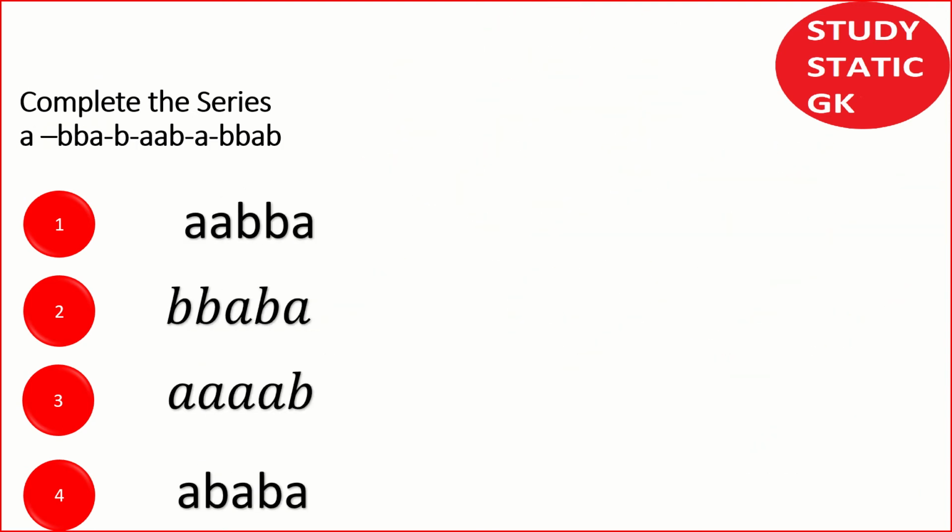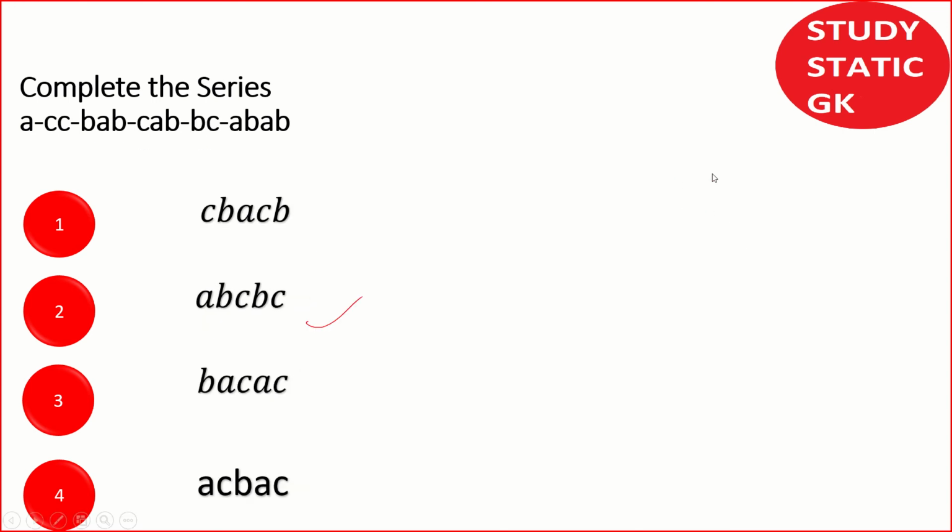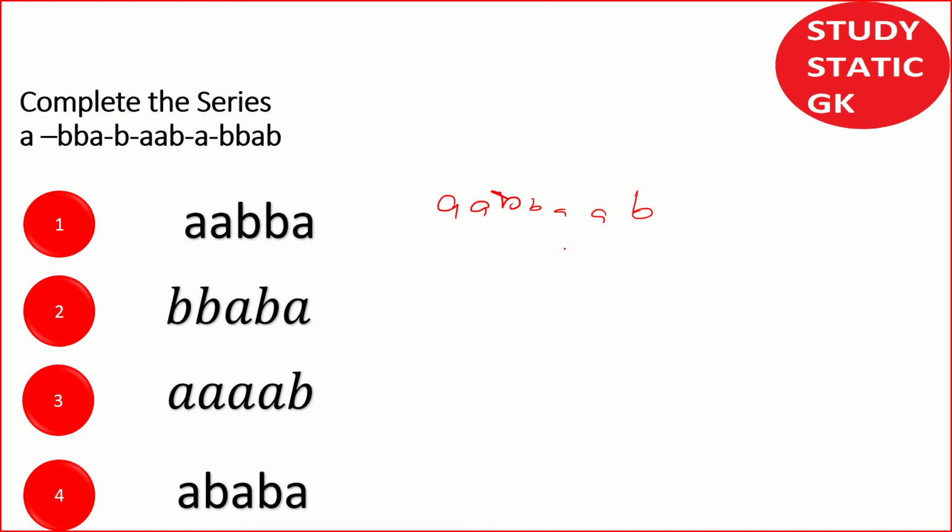Okay, next question. This is also a complete the series question. So here we will write everything over here. A, B, B, A, B, third one is B. Okay, AA, BBA, AB.